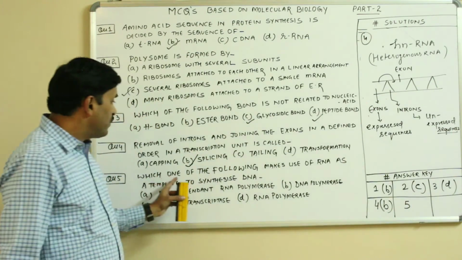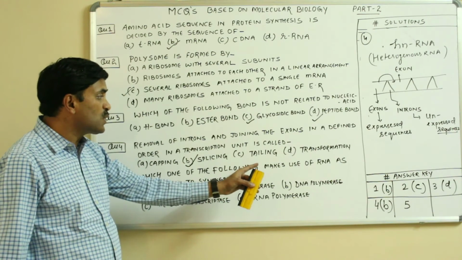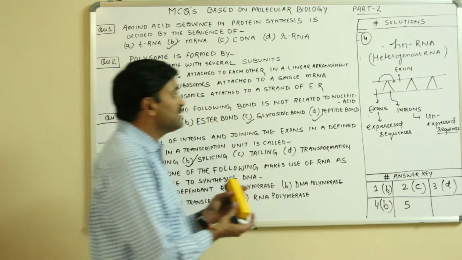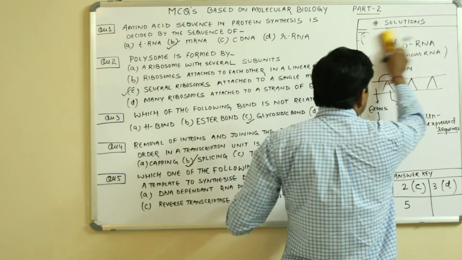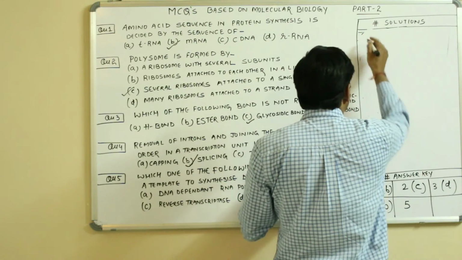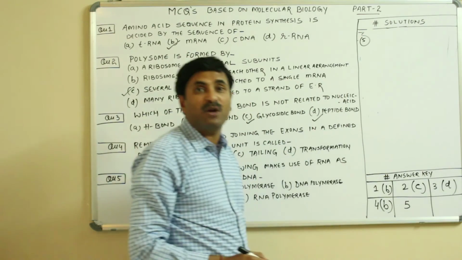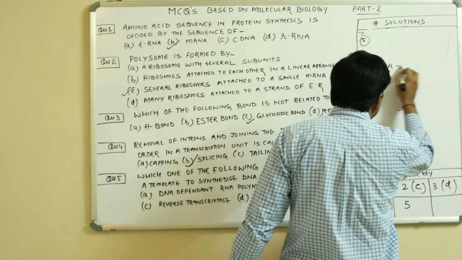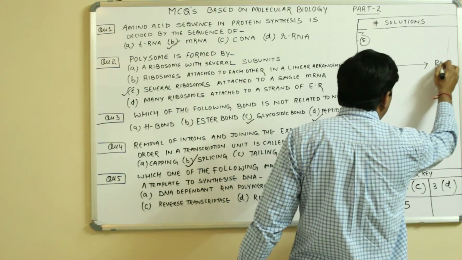Okay. Now, which one of the following makes use of RNA as a template to synthesize DNA? The question is very simple: which enzyme is responsible for the formation of DNA from RNA? We know very well that from DNA we form RNA.